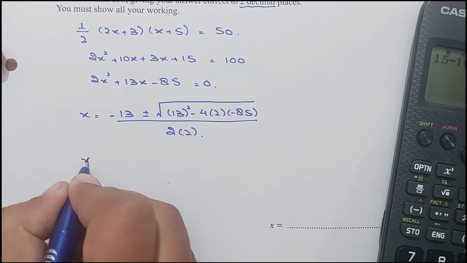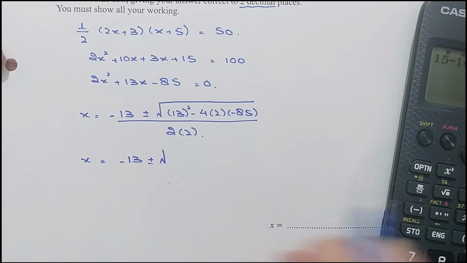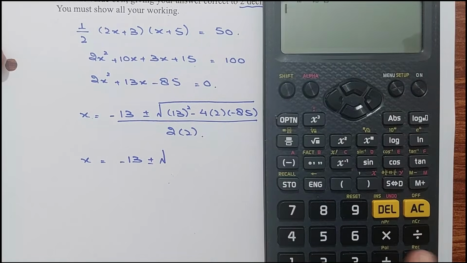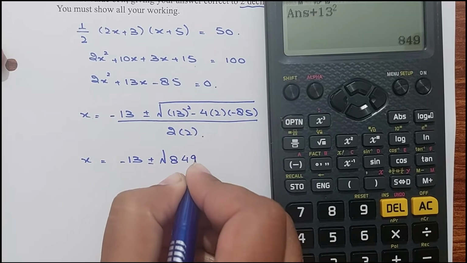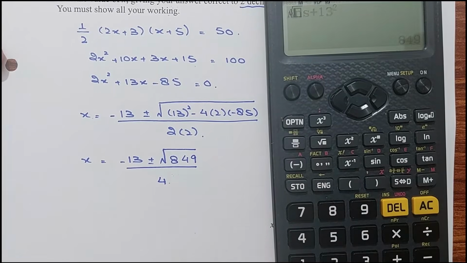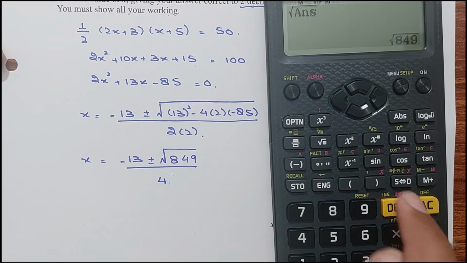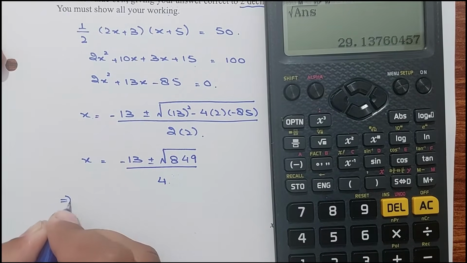For the simplification, x would be equal to negative 13 plus minus square root of negative 4 times 2 times negative 85, and add 13 square, which is 849, divided by 4. Okay, let me find the two values up to 2 decimal place.